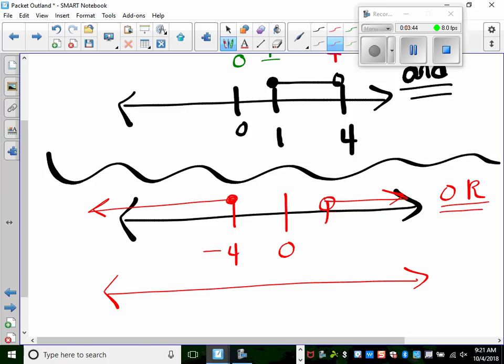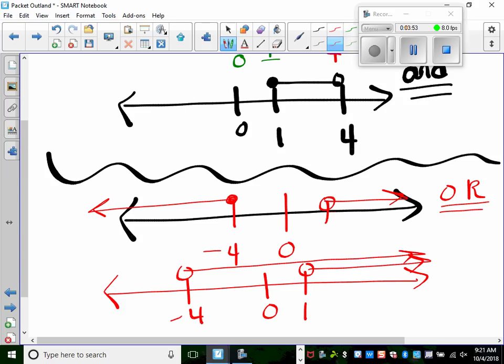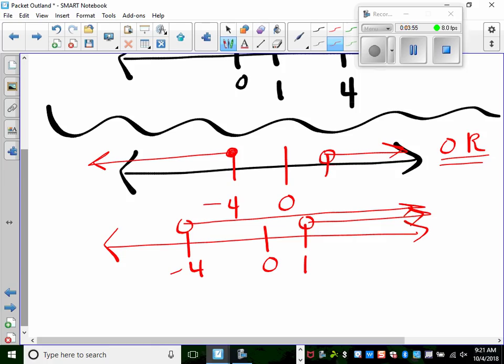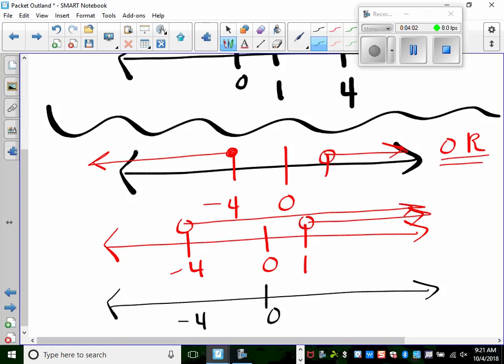You could have one going in this direction and -4 going in this direction. If that happens, let me show you what your graph will look like for your answer. You start at -4, and to include both, you just shade it to the right, because now you're including this line as well as this line, but you want to show it on just one graph.